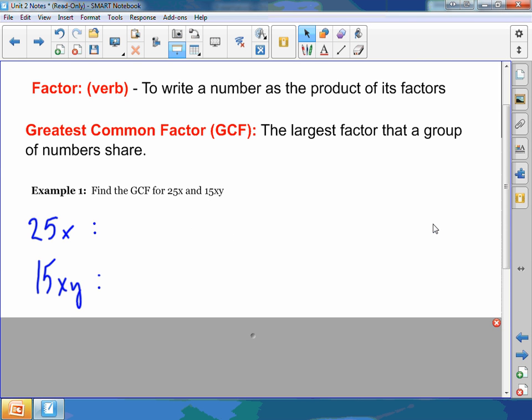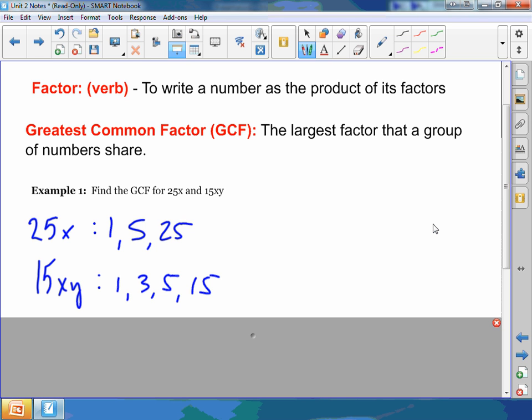Go ahead, Riley. 1, 5, 25. The largest one that they share.